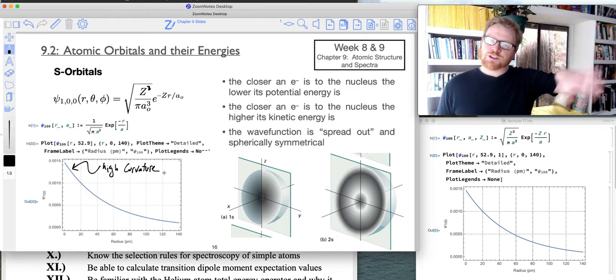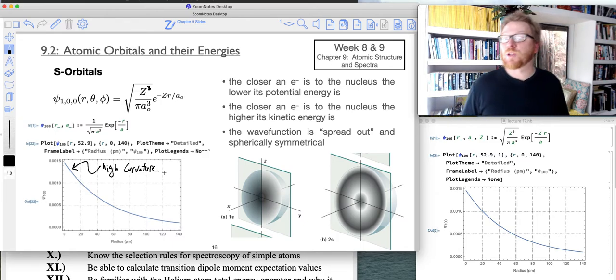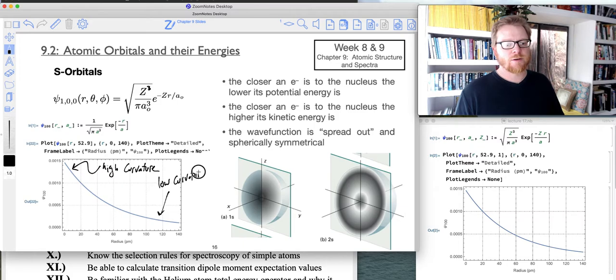A large curvature in our wave function corresponds to a large kinetic energy through second derivative analysis. So up in this region, the closer the electron is to the nucleus, the higher is its kinetic energy. As it gets farther away, this region of low curvature indicates that its kinetic energy is becoming very low, but its potential energy is becoming very high.